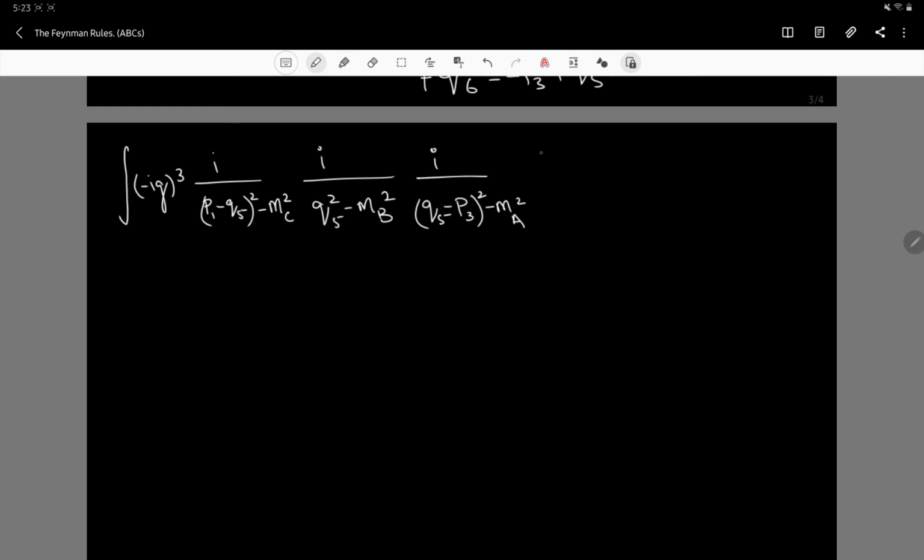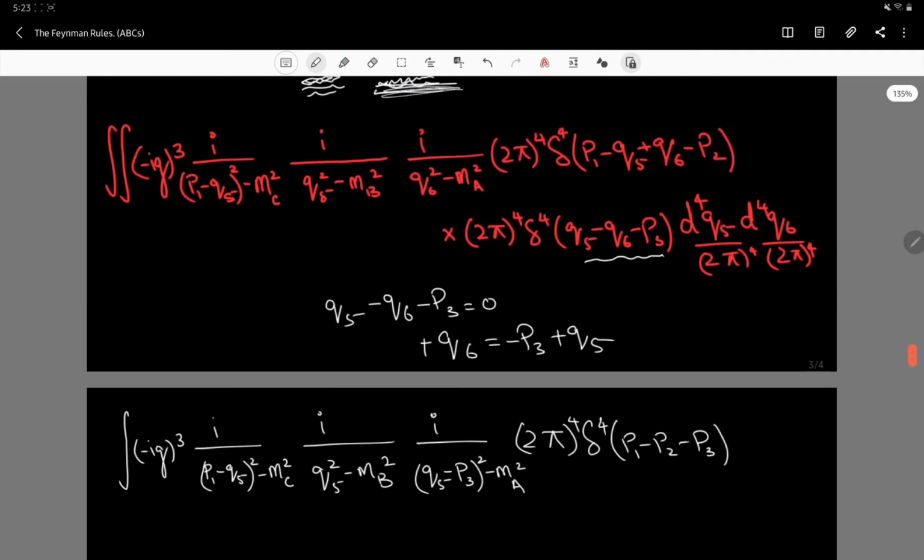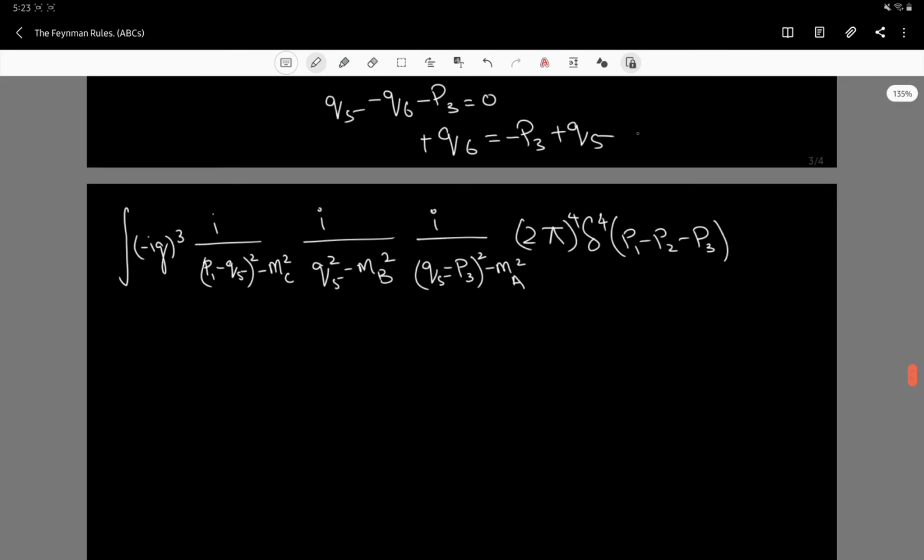And the other factors just come here. This one, for example, you would have this 2 pi raised to power 4 delta 4 p1 minus p2 minus p3. We are just replacing the values of this minus q5 plus q6, so that would be minus p3 from this expression over here. And finally, we would be left with d4 q5 over 2 pi raised to power 4.